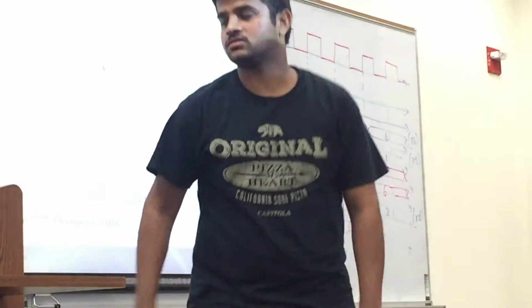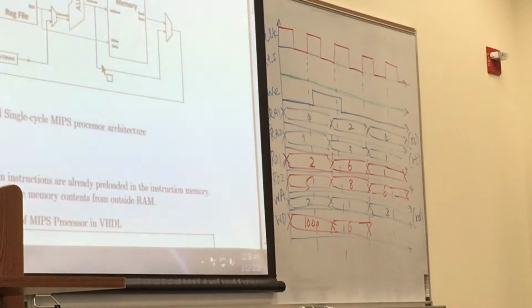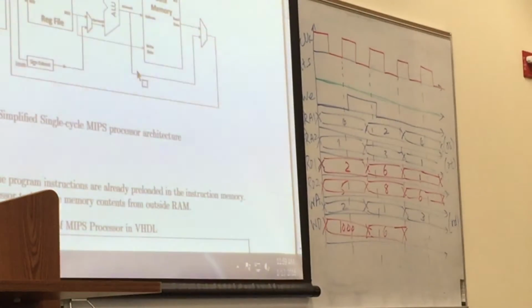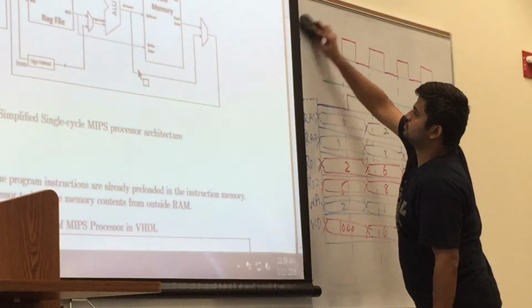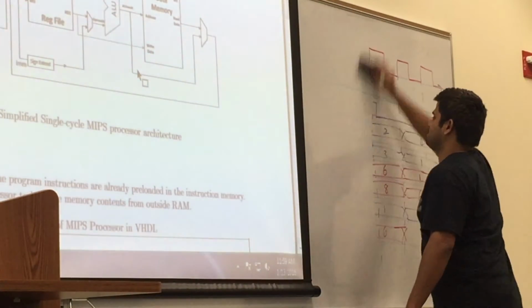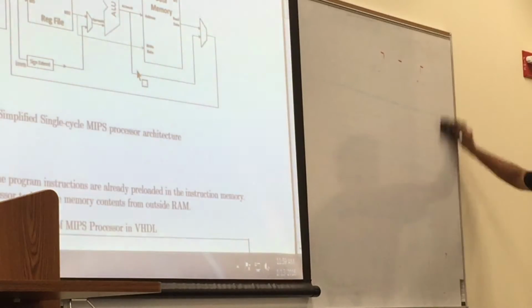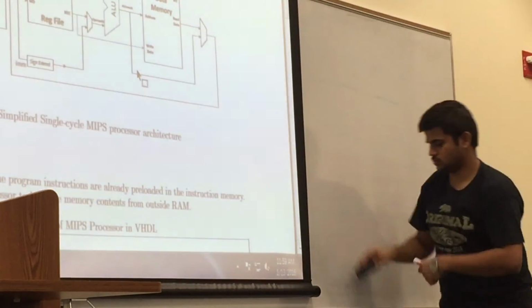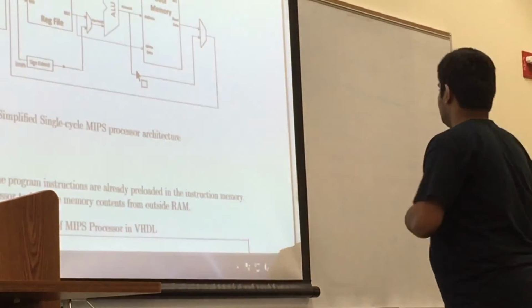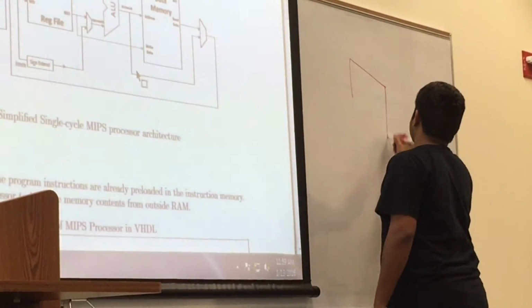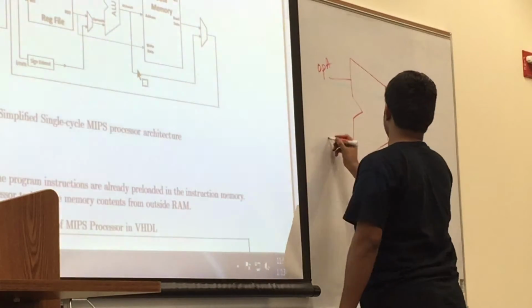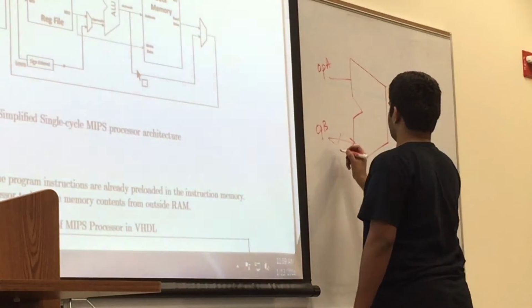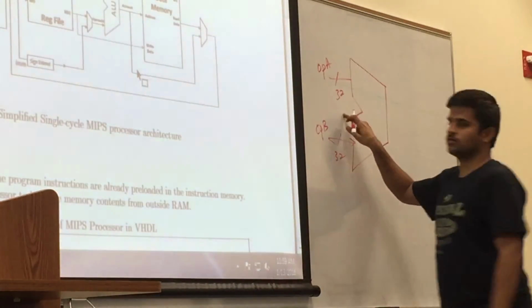So next is the ALU block. As we know, the ALU has 2 inputs, operand A and operand B, which are 32 bits long.